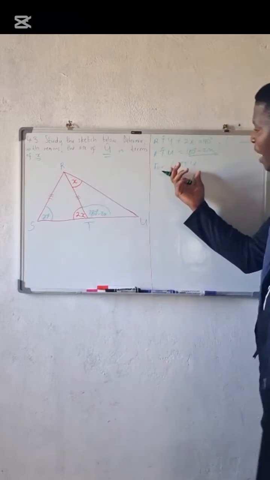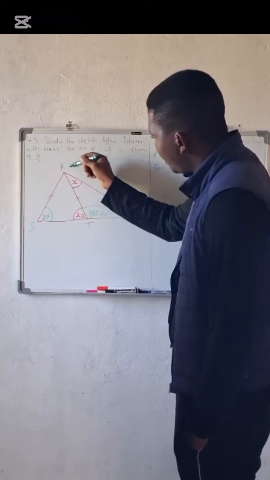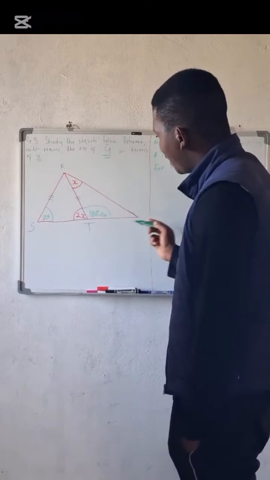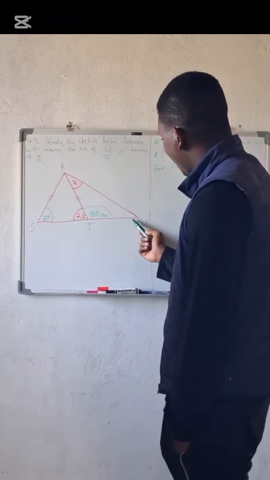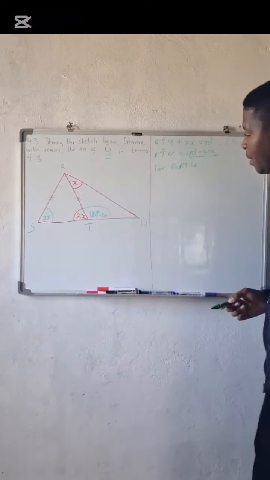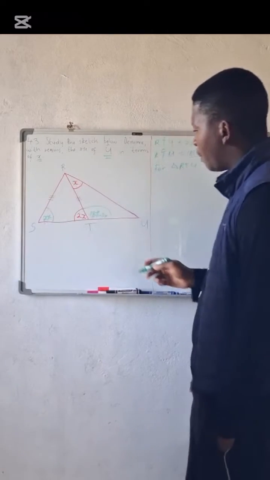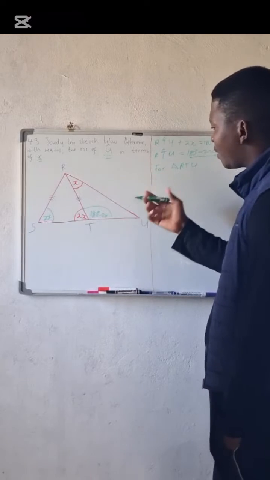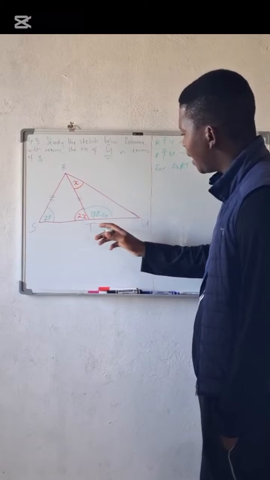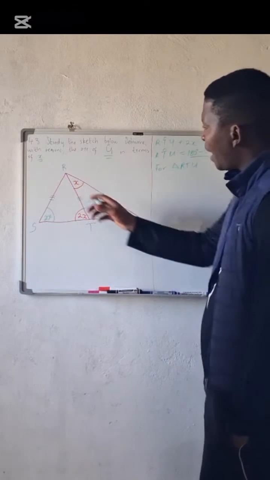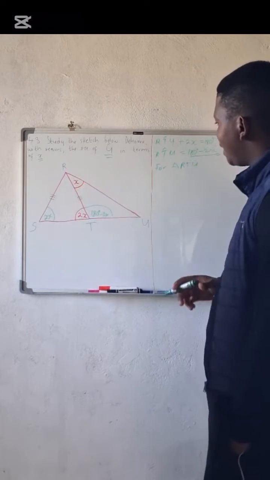I want you to focus on triangle RTU. We have angles inside: x, t, and then u. I have already isolated the triangle. Now I'm going to call this angle R, angle T, angle U. So I have this angle here R, this angle here T, and I need the angle here U.